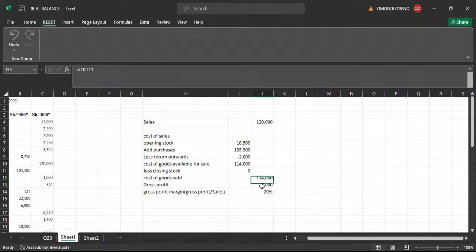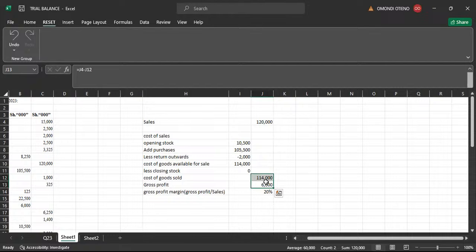If I add gross profit back to cost of sales, I should be able to get my sales value. So the other portion that is missing before I arrive at gross profit should be the cost of goods sold.